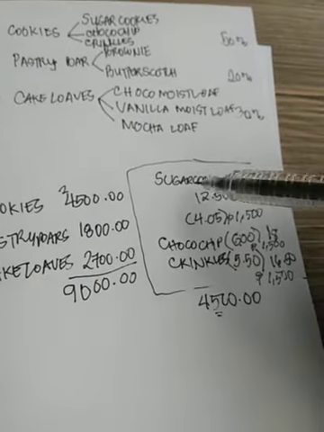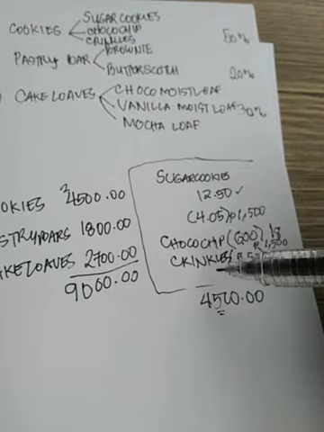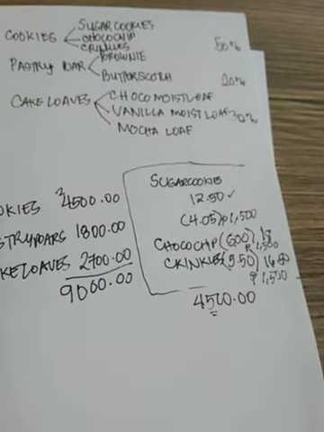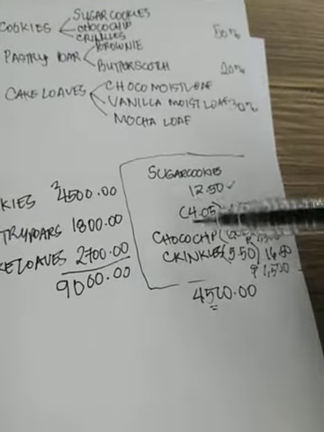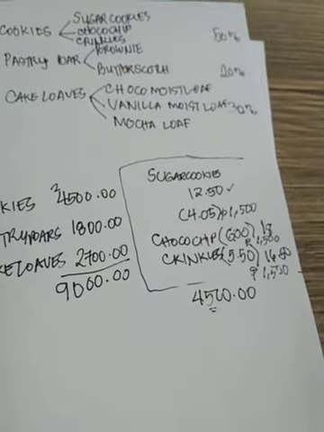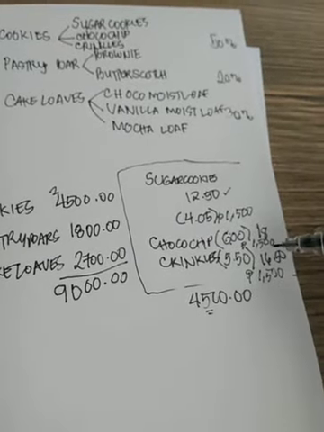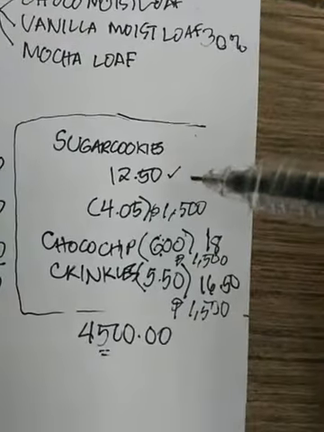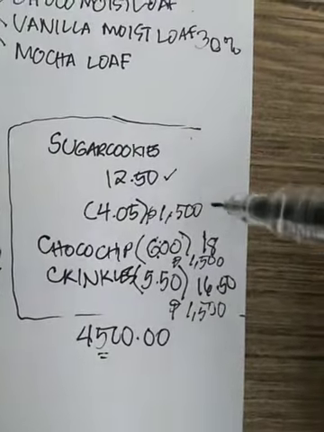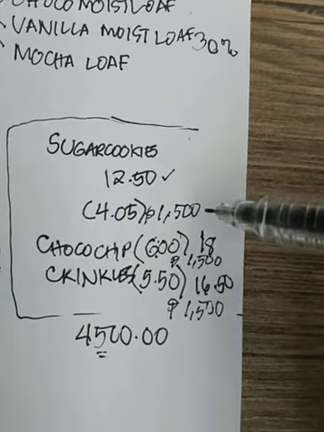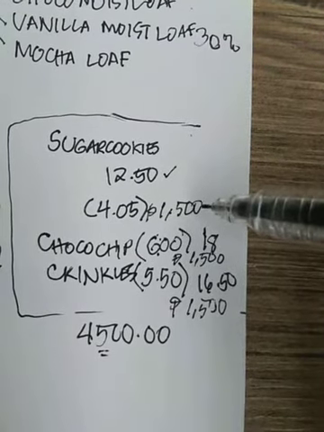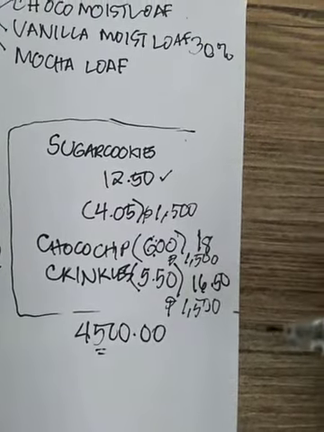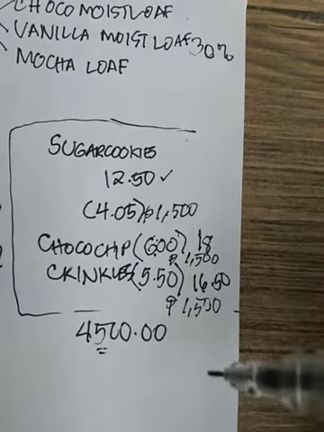Sa, let's say, total sold. Fino-forecast mo na ang benta mo sa sugar cookies, choco chip, and crinkles totals 4,500. Tapos, pare-pareho sila ng generated income. But, if you would look at this, makikita nyo po, mas mura yung sugar cookies, diba? So, lalabas, mas marami kang gagawing pieces ng sugar cookies kesa sa choco chip cookies, kesa sa crinkles.